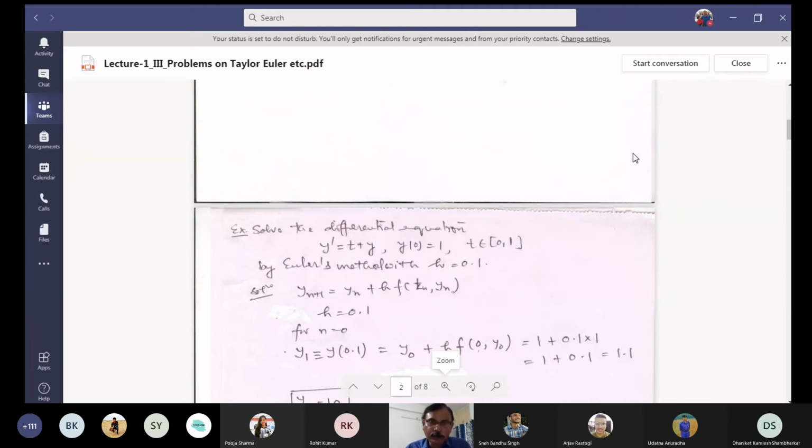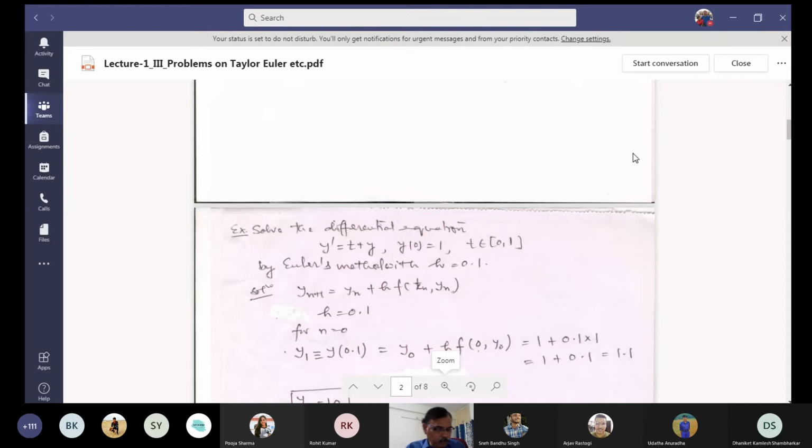The third one, the midpoint method, is y_{j+1} equal to y_{j-1} plus 2h times f of x_j, y_j.